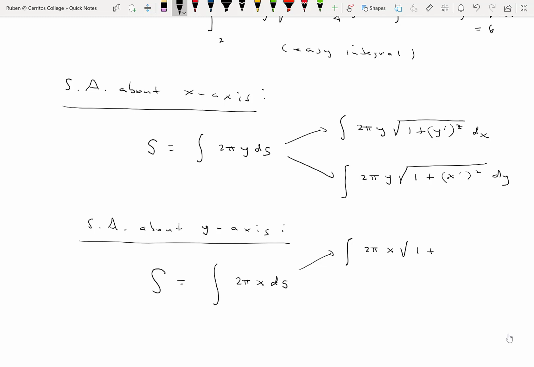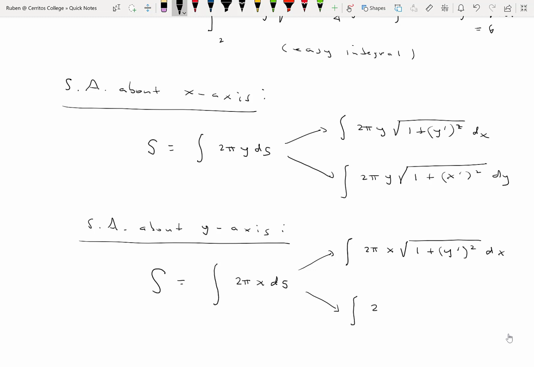and if you choose to integrate with respect to x, you substitute that ds from section 8.1 as the square root of 1 plus y prime squared dx, and that 2 pi x just stays there. It stays under the integral sign just like that.